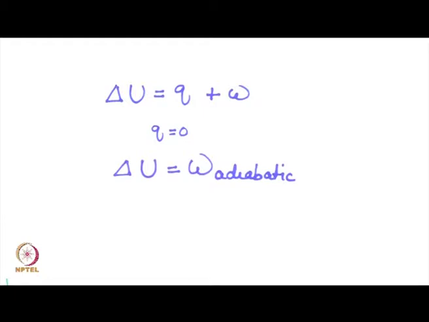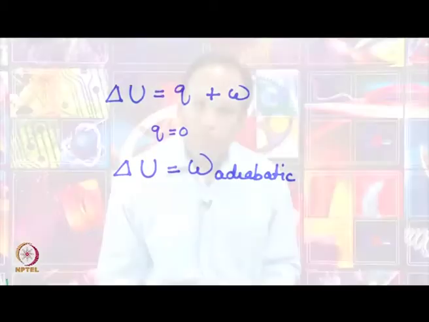That means, according to this equation, the work done in changing a system from one specified state to another specified state under adiabatic conditions is going to be the same irrespective of how the work is done. Let us take an example.